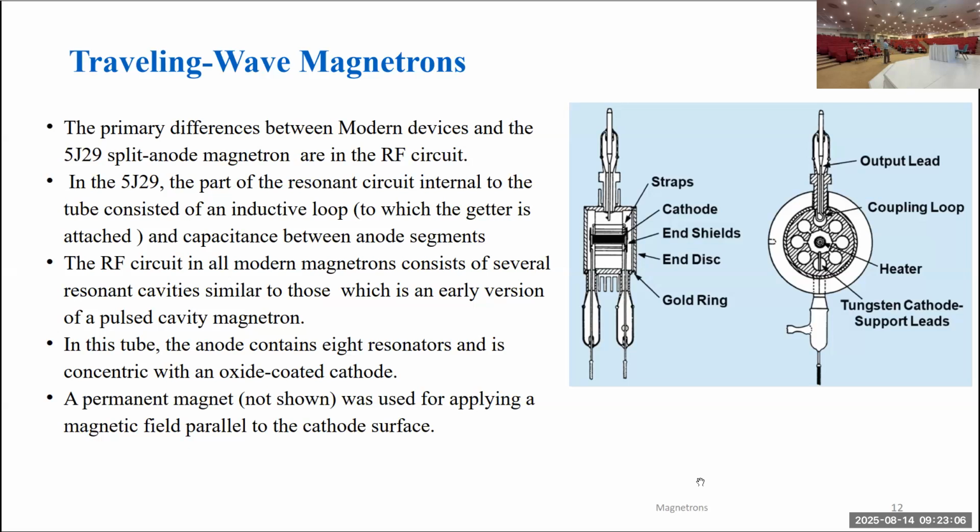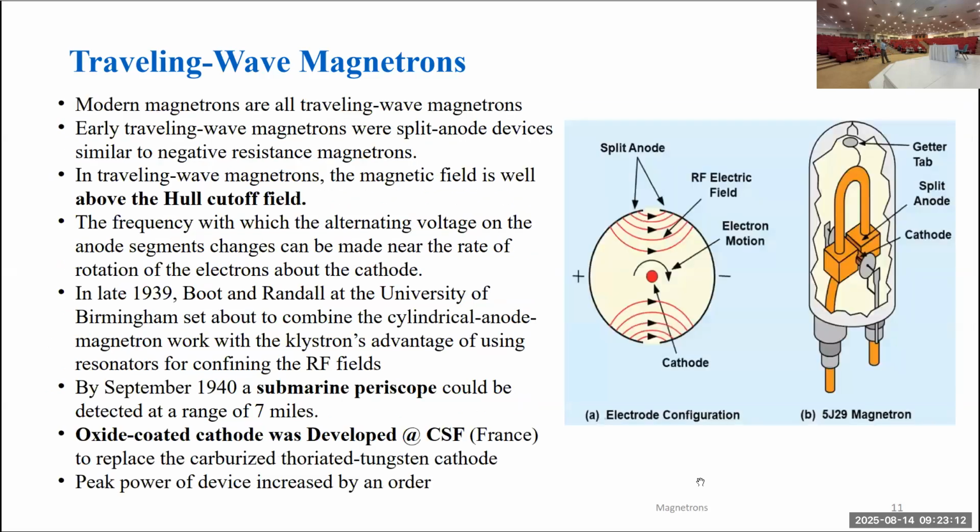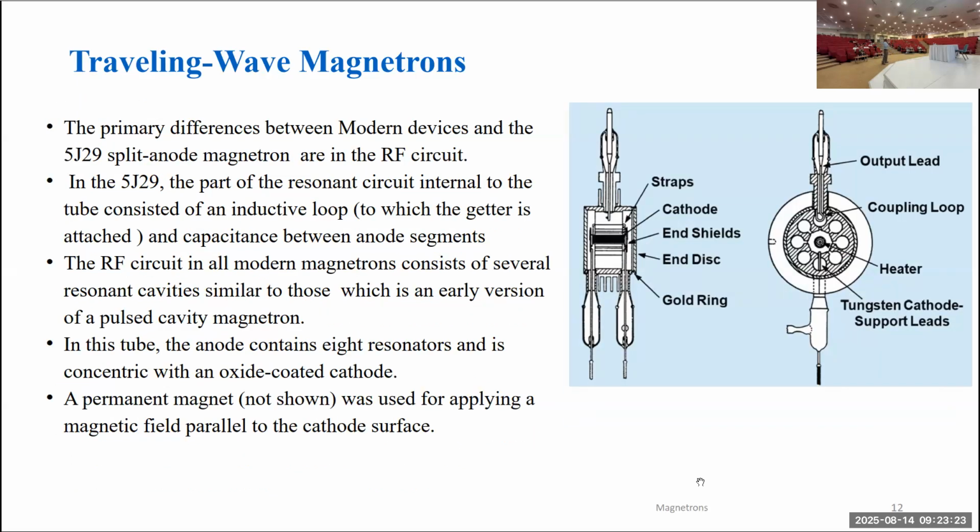The primary difference between modern devices and the magnetron we previously discussed, modeled as the 5J29 magnetron, is that it has these RF structures around it. And these RF structures consist of several resonant cavities similar to those in an early version of pulsed cavity magnetrons.